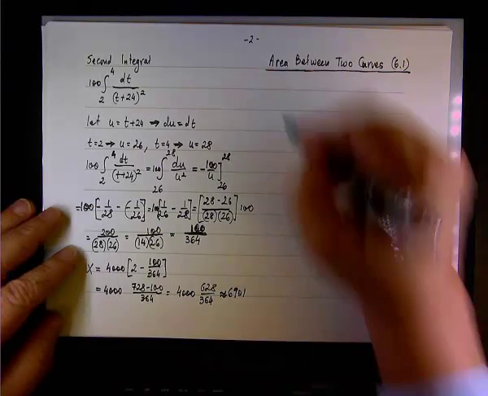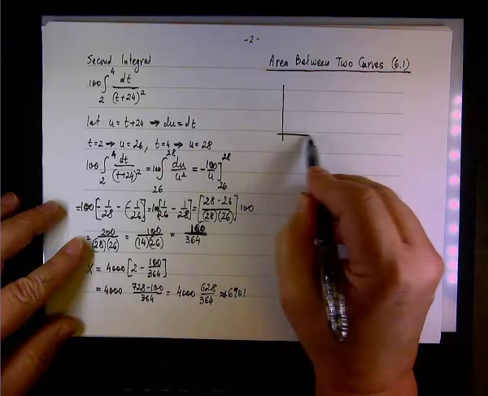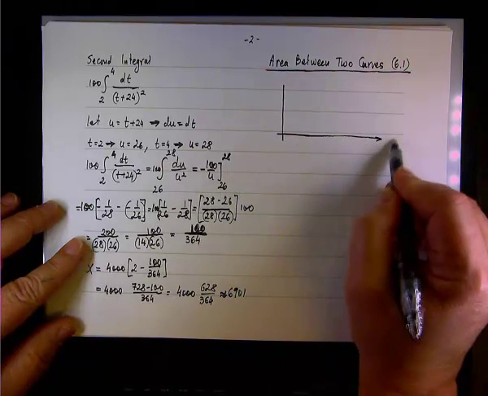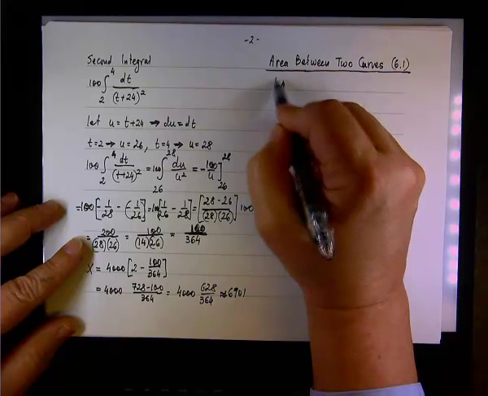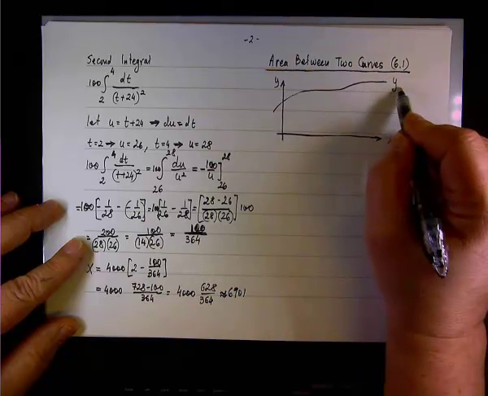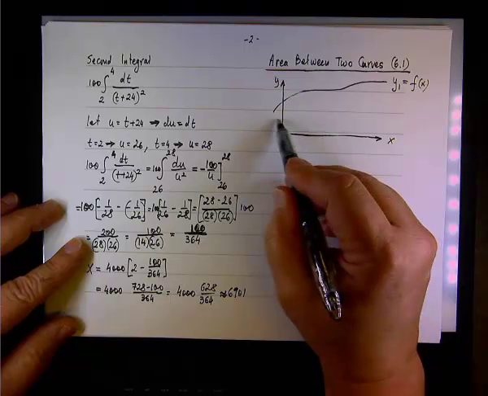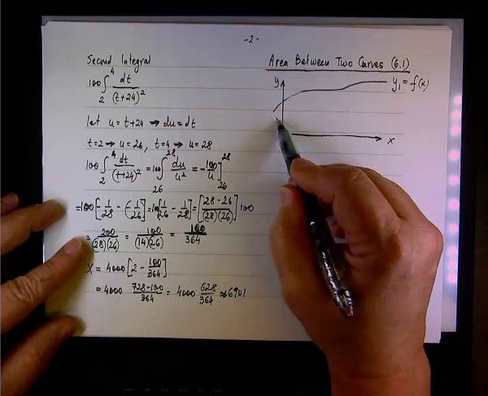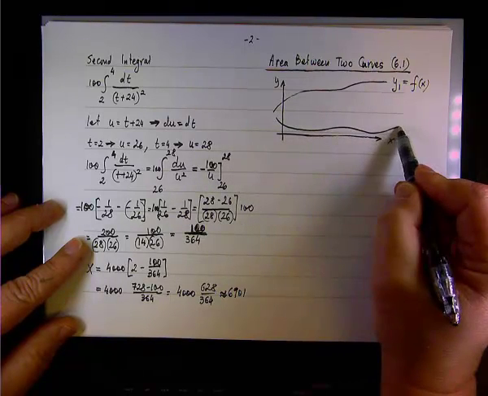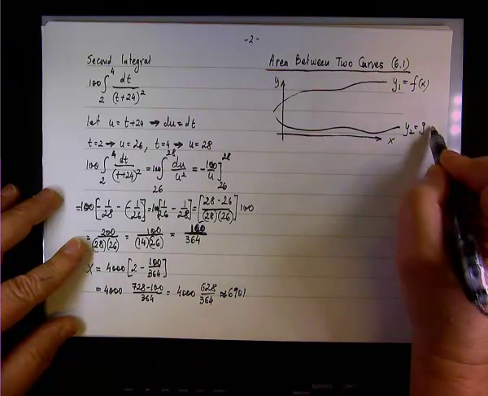Okay, imagine that we have two curves such that one is on top of the other. So if we graph it on the xy, let's imagine one curve right here. We'll call it y1, and y1 will be f of x. And let's imagine another curve right here, and we'll call it y2 equal g of x.